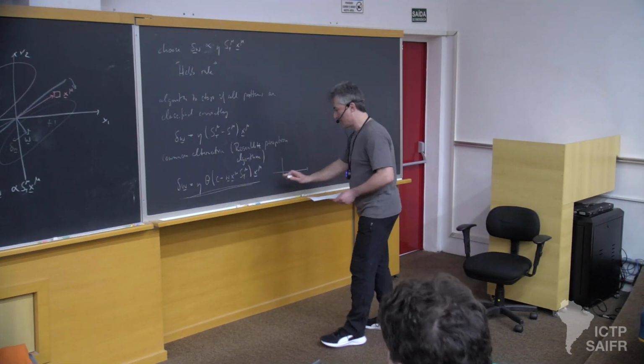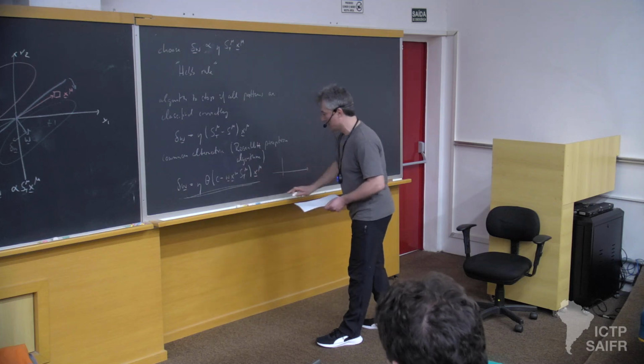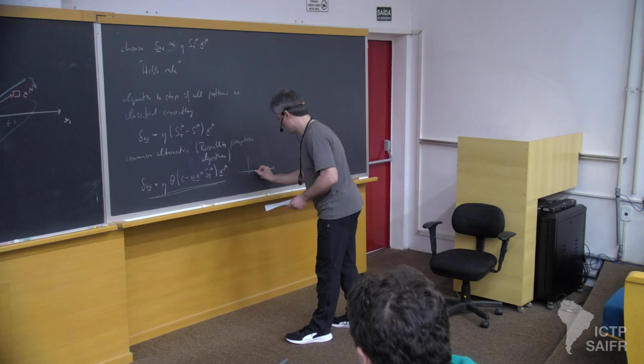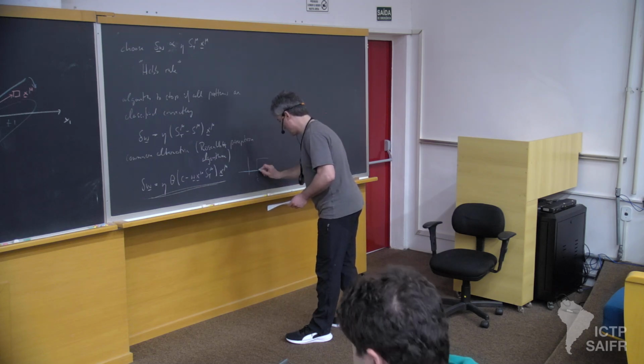So this is 0 if the argument is negative and 1 if the argument is positive. So it does this at the point C here.